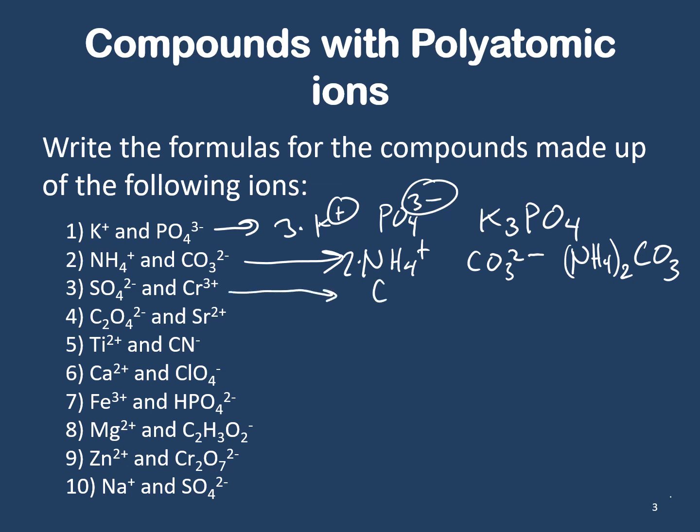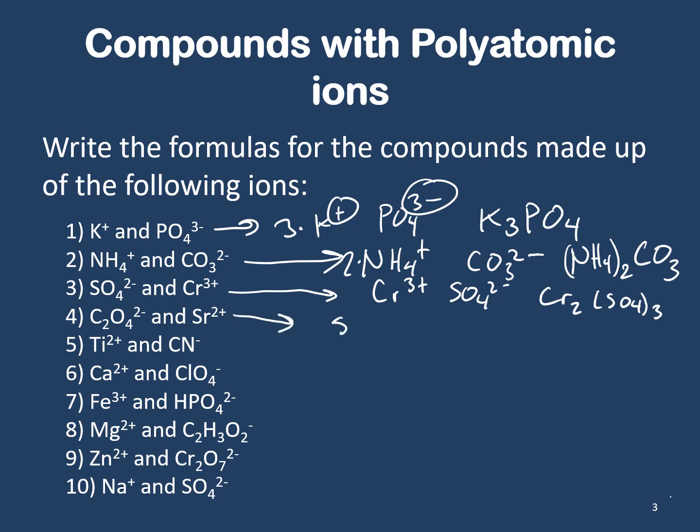With this one, we have Cr3 plus. Again, we always do cations first, regardless of what order they're written on this slide. And SO4 2 minus. The common value here would be 6, so I'm going to need 2 chromiums and parentheses SO4 3.